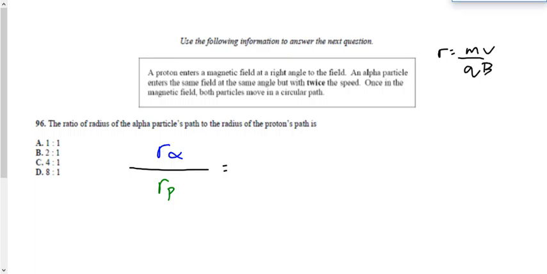So let's replace r alpha with mv over qB for the alpha particle. And let's replace r proton with mv over qB for the proton. It tells me that the magnetic field is the same, I think, right? Same magnetic field, yeah. Cross that off.